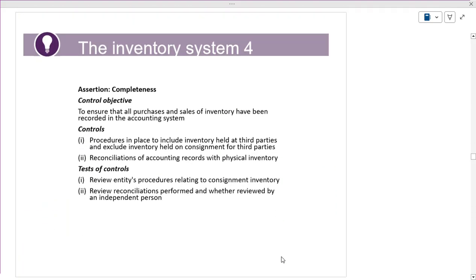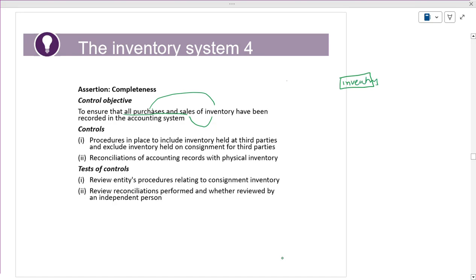Now, what is the completeness? Same thing. To ensure that all purchases and sales are recorded, because inventory has purchases receiving and sales outgoing. Inventory is a focal point, in the middle.